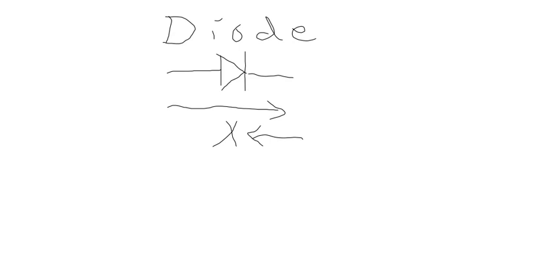Now, if we're talking about electron flow, the diode passes current in the direction opposite the diode's arrow and blocks current in the direction the diode arrow is pointing. So to me, that's very backwards. Obviously the diode schematic symbol was designed using conventional current flow as a model.